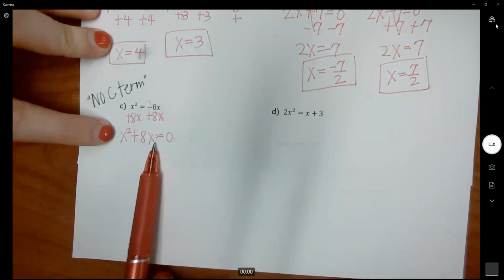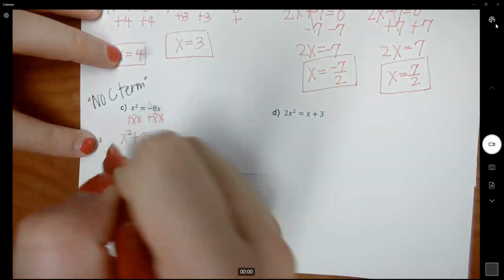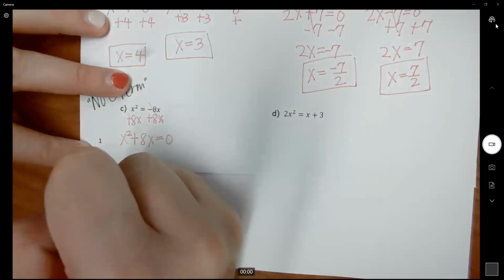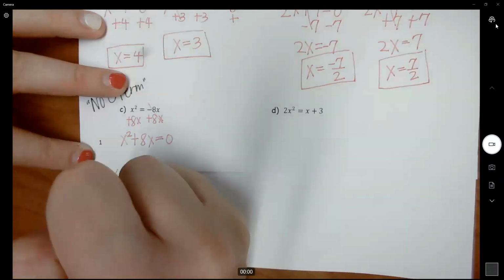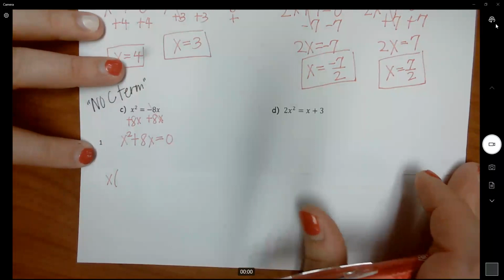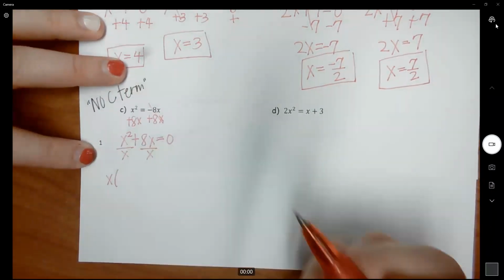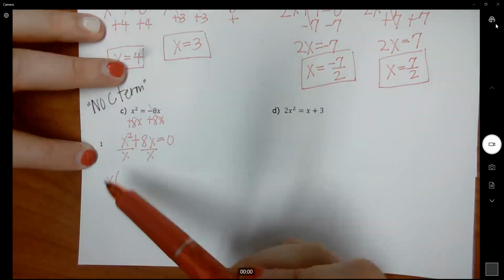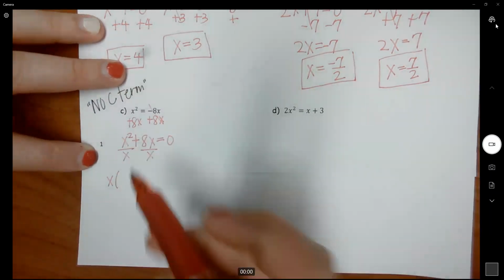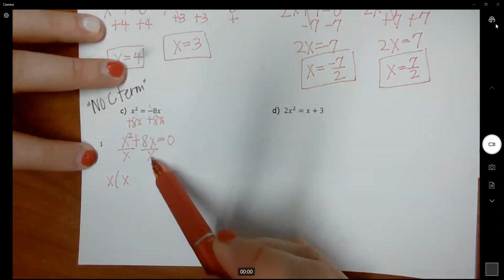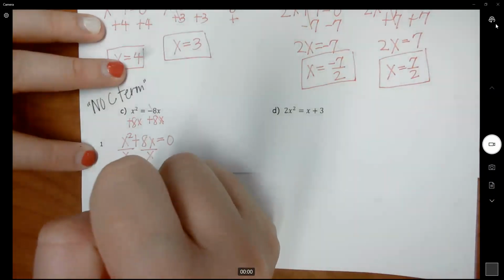They both have an x term, so I can factor out an x. When you factor out an x, what you are doing is you are dividing that out of both terms. So x squared divided by x is x, and 8x divided by x is 8.